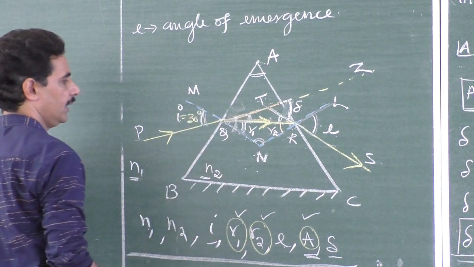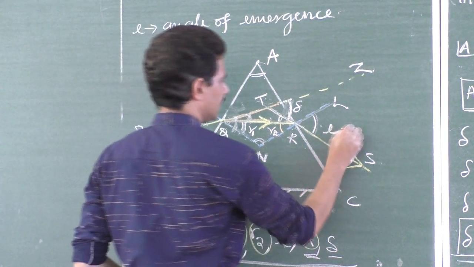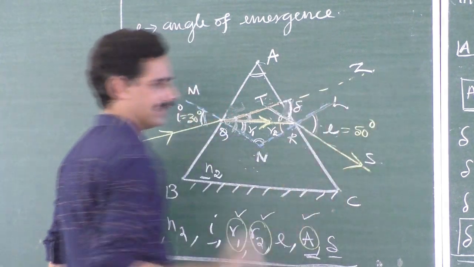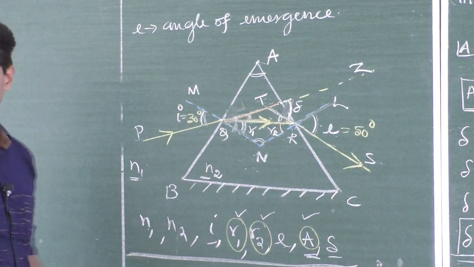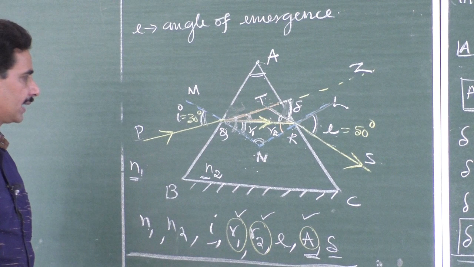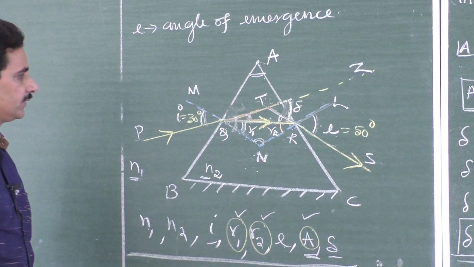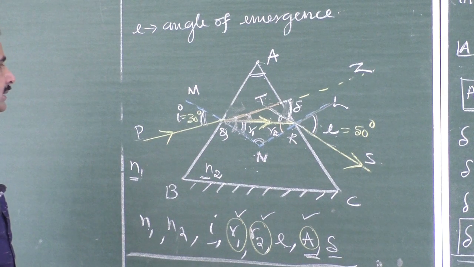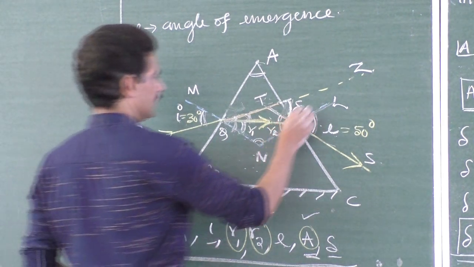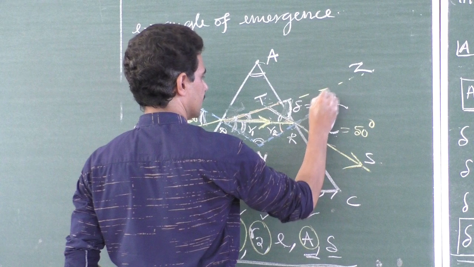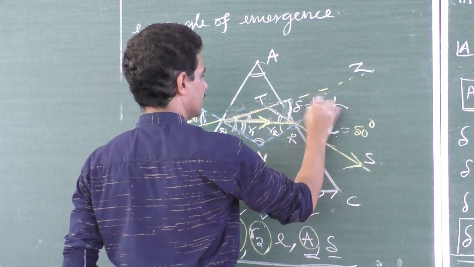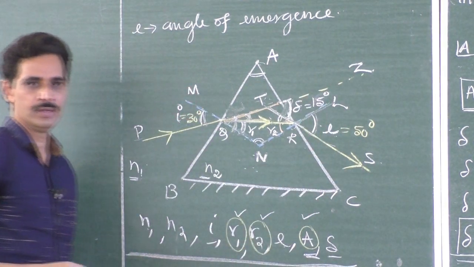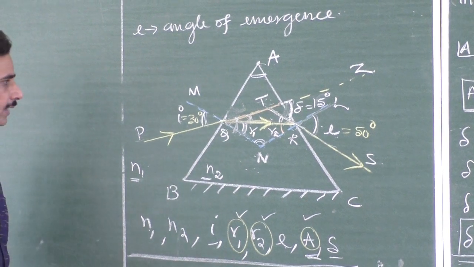Say 50 degrees is the angle of emergence. So 30 degrees is the angle of incidence and 50 degrees is the angle of emergence. Then say delta is some 15 degrees, simply for our convenience. 15 degrees is the angle of deviation.